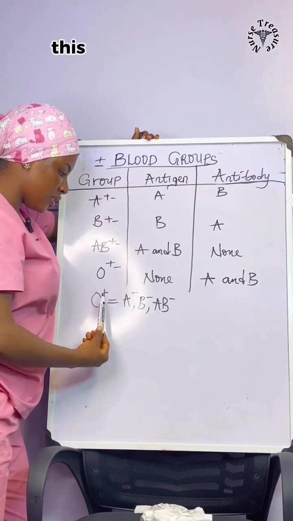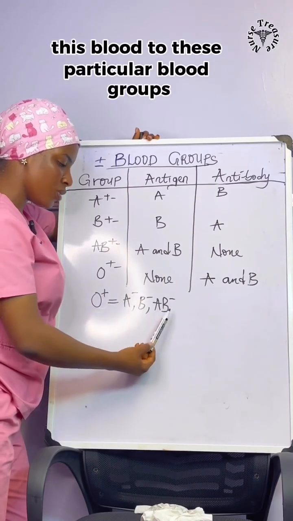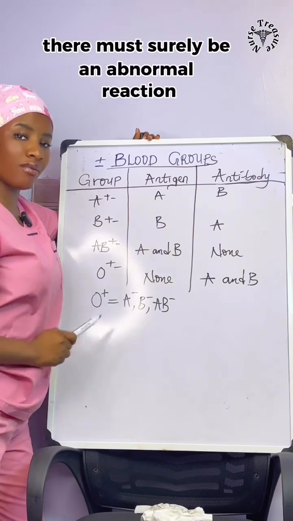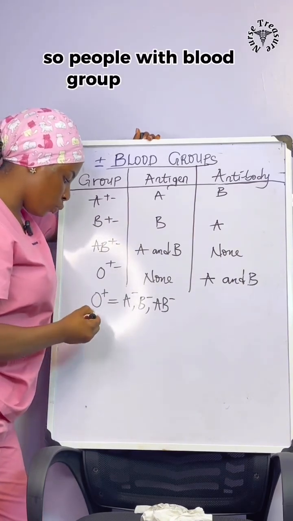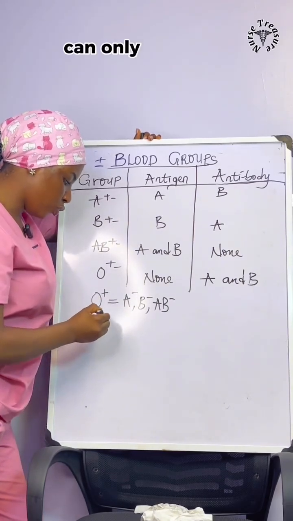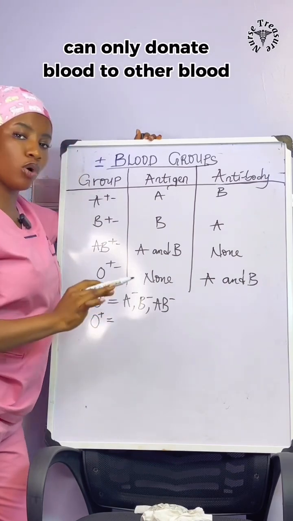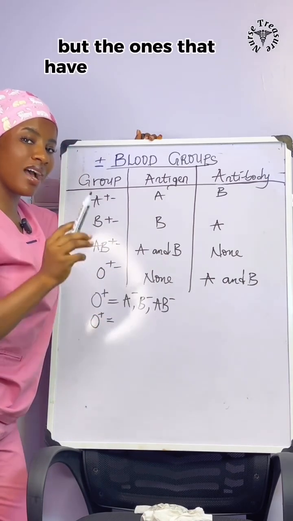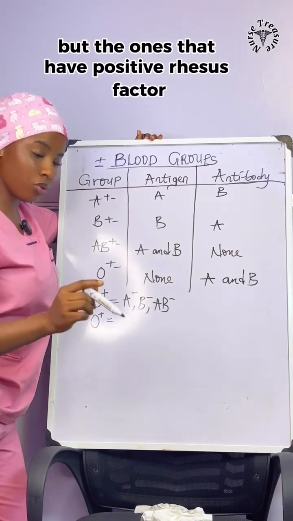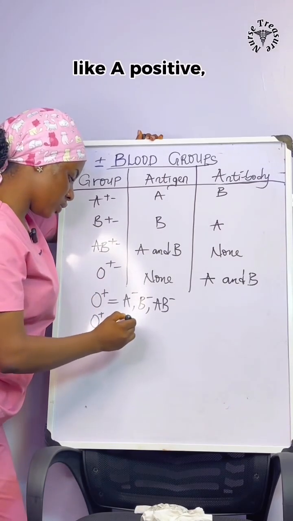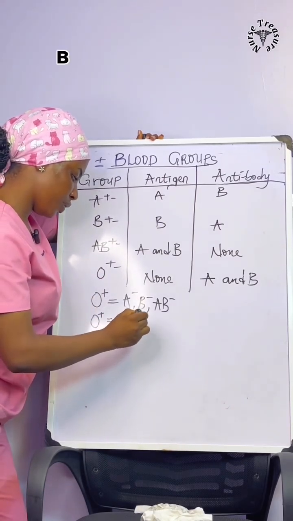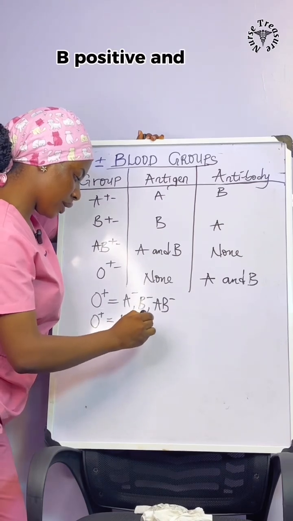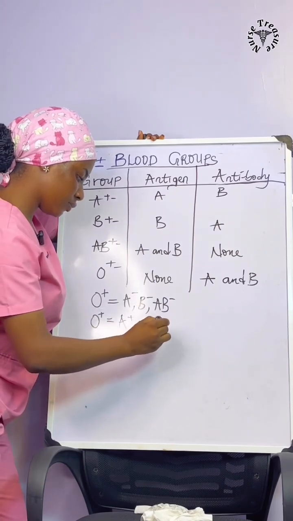So when you donate this blood to these particular blood groups, there must surely be an abnormal reaction. So people with blood group O positive can only donate blood to other blood groups that have positive rhesus factor, like A positive, B positive, and AB positive.